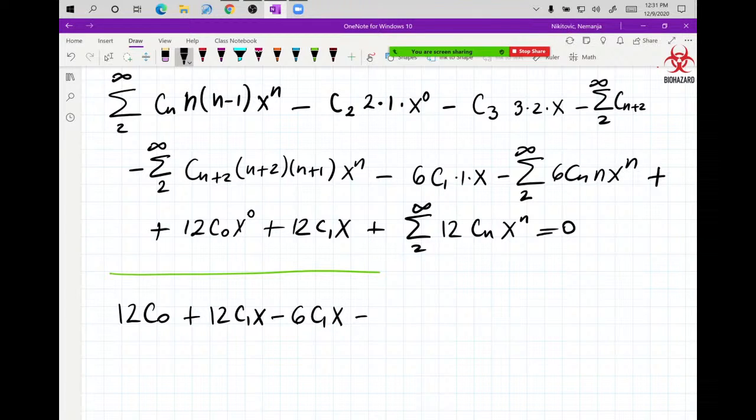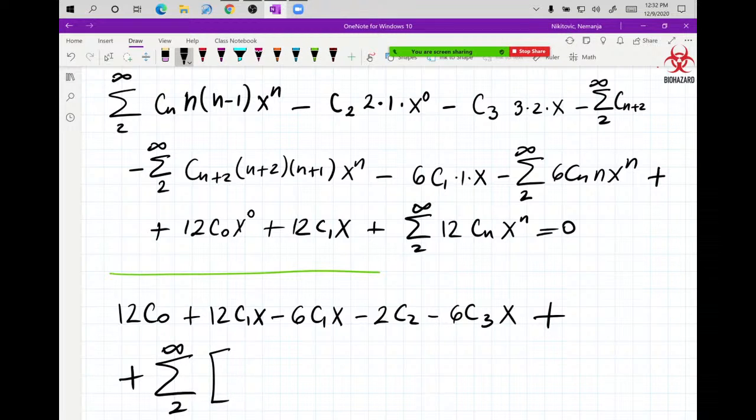I have minus 2c2 and minus 3c3, no, minus 6. 2 times 3 is 6, minus 6c3x. Plus, and now I'm going to put one big fat sum over here for all of the other ones, because now they match, the counters match, and their x to the n matches. I don't need this one, this is a repeat, because I started in the next row.